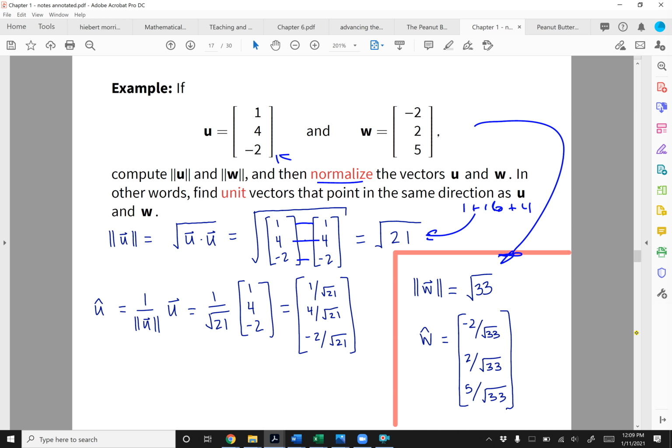We'd also like to normalize the vector. It turns out to be really helpful to have vectors of length 1 in lots of applications and lots of the mathematics. So you can take any vector, divide it by its length, and you get a vector in that same direction, but it has length 1. So u hat is the unit vector.